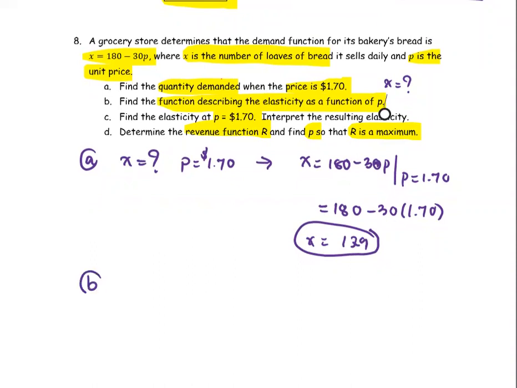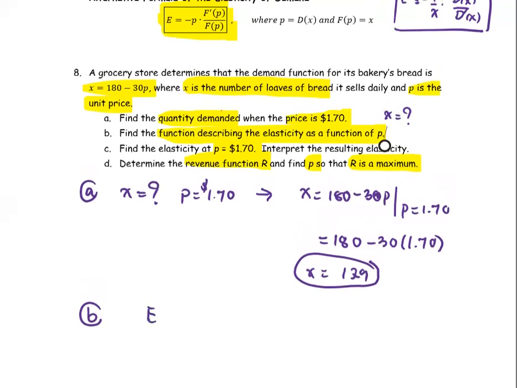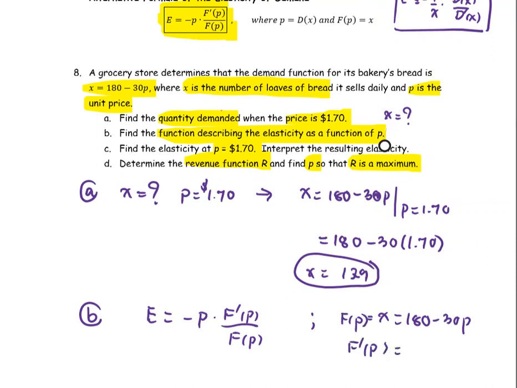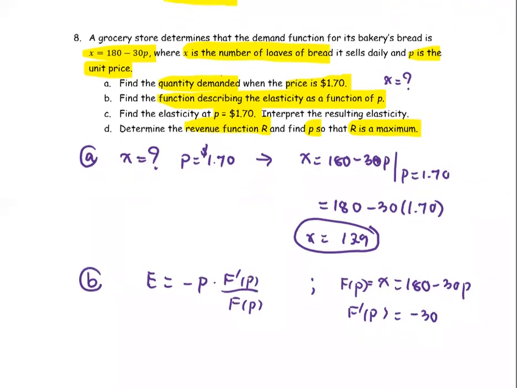And then part B, we're going to find a function describing the elasticity as a function of p using the formula E equals negative p times f prime of p divided by f of p. From the given equation, x equals 180 minus 30p, this is the function f of p. So f prime of p equals negative 30.